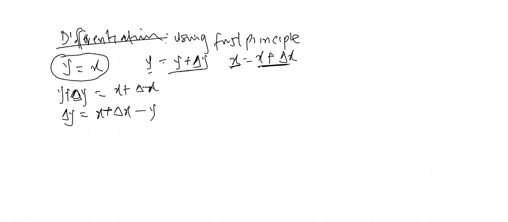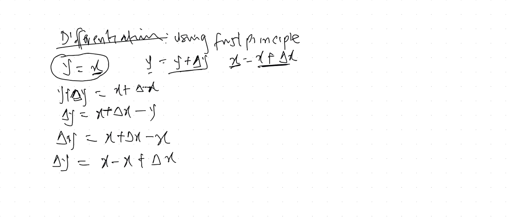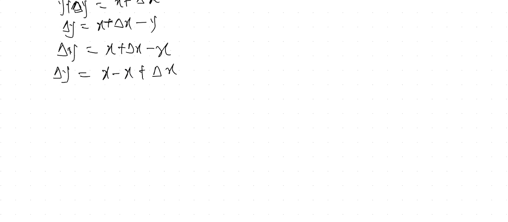Then change in y will be equal to x plus change in x minus x. Then we have that change in y is equal to x minus x, which is 0, and you'll be left with change in x.